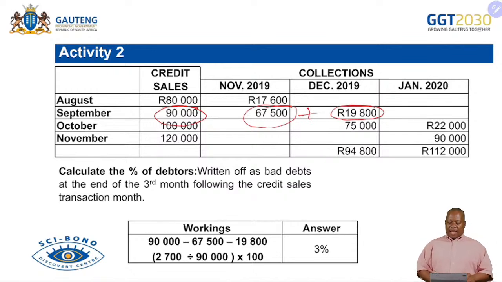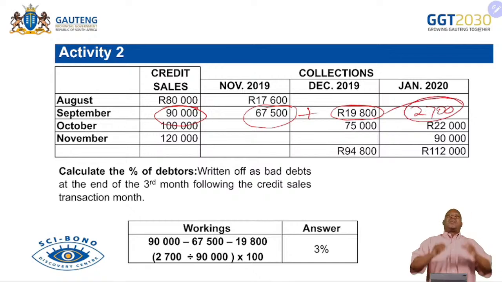But is this going to add to the total of 90,000? No. It therefore means there is something that we are never going to get from our 90,000. So we can safely say 90,000 minus 67,500 minus 19,800, we are going to get 2,700, which is an amount that we are never going to get back.